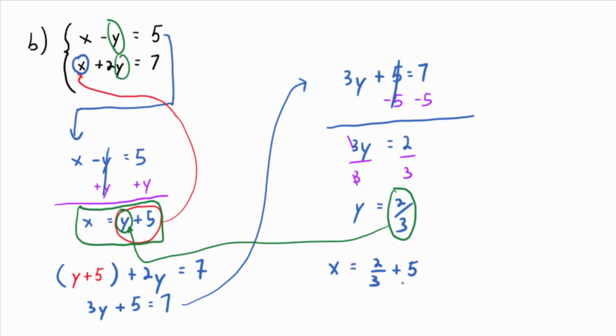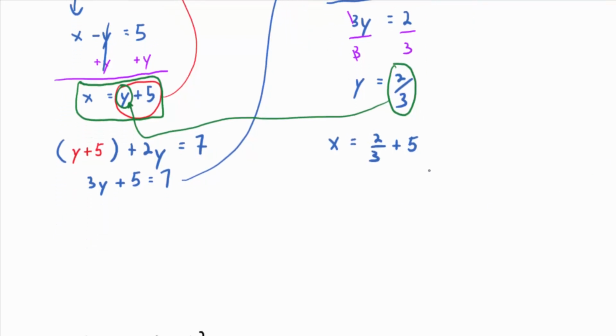Usually in this class, we're going to leave answers in terms of improper fractions. So if you got a common denominator, think of this as 5/1. What's the LCD? So just multiply by 3/3. And yeah, there's a shortcut for that, I know. But it doesn't hurt to review once in a while. So you get what? 15/3 plus 2/3, which is 17/3.